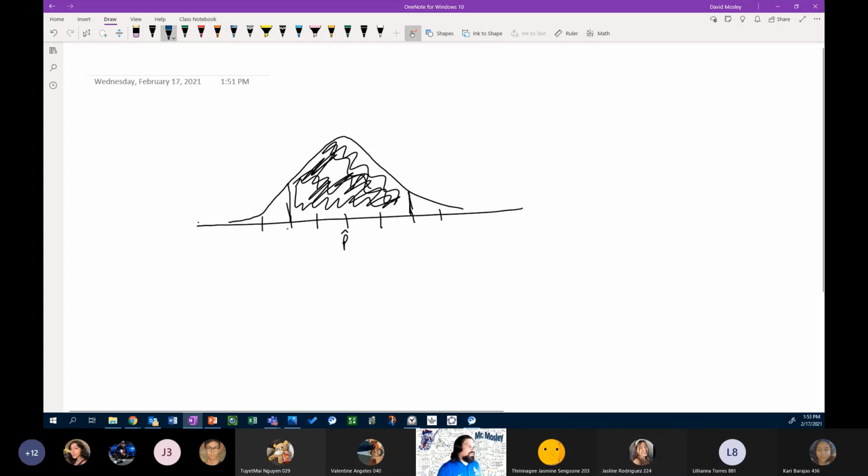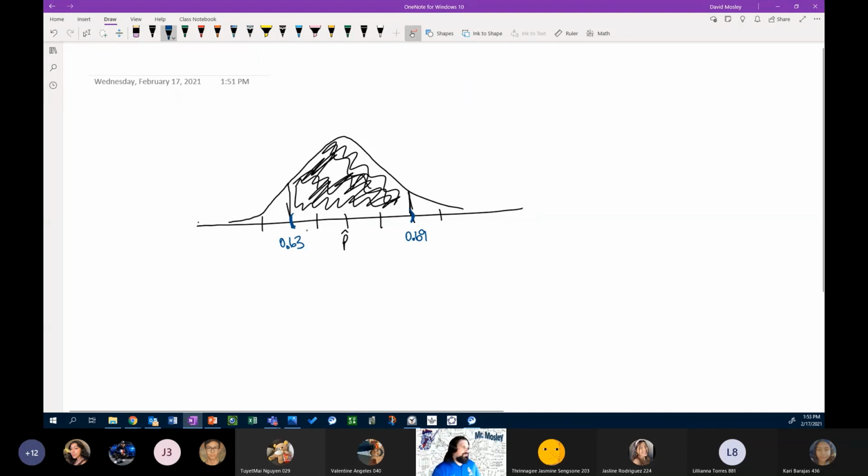We also know that because my 95% confidence interval goes from 0.63 to 0.69, that interval has to be within 2 standard deviations to the right and to the left of P hat. So P hat has to be right smack in the middle of those 2 values.